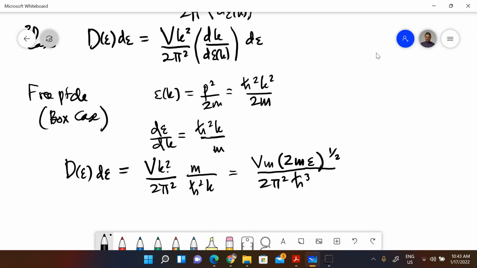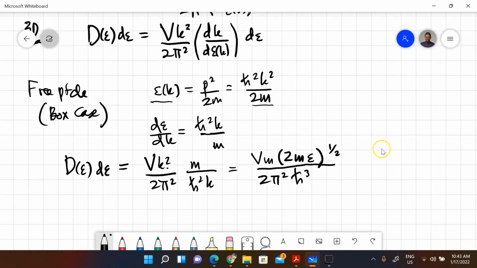Where is this 2m epsilon to the half coming from here? The k squared here is cancelled off by 1 over k at the bottom there, so your k is the square root of 2m epsilon, from there, divided by h bar squared.